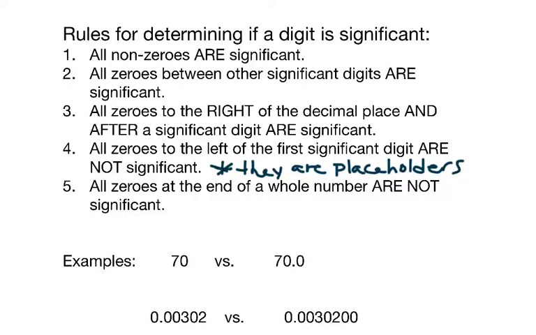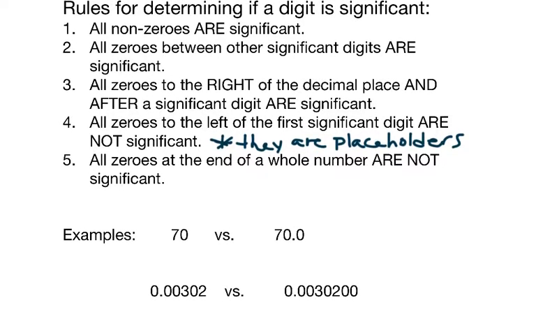All right. So I just want to go through 2 examples to drive these points home, and we'll talk about which rules apply. The first example is the difference between 70, just 70, and 70.0. 70, I would describe as a whole number.